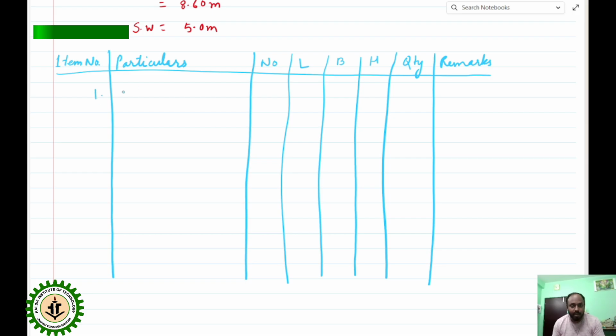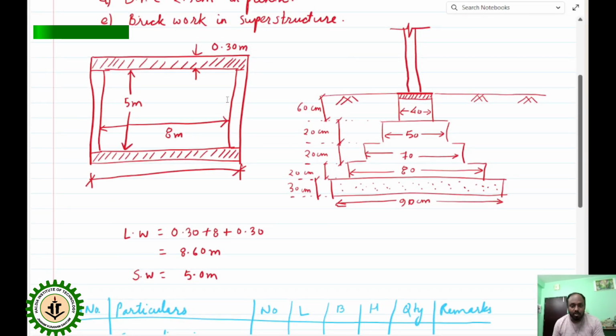So the first item given in the question was excavation, excavation in foundation, right? Now for long wall we will write LW, and short wall we will write SW. Number, because there are two long walls. This is the long wall, another one is this one, and here is one short wall and another short wall.